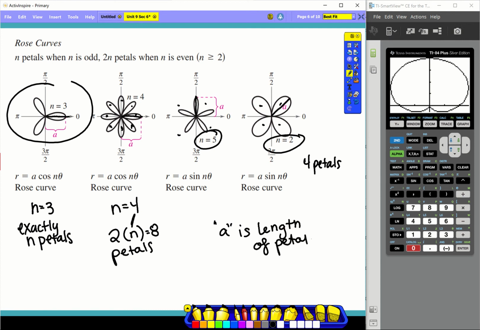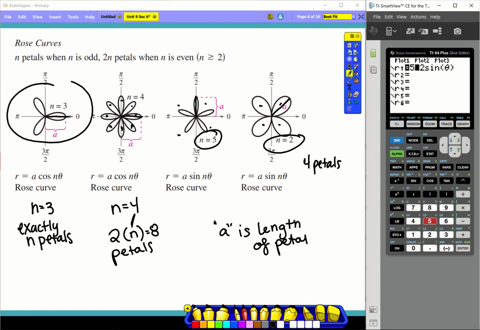This is a pretty cool one. I guess I'll show you what that looks like. Let's try 5 as the length of our petal. We'll go with cosine, 5 cosine. Well, we'll do 10 so that we have 20 petals since it's an even number.